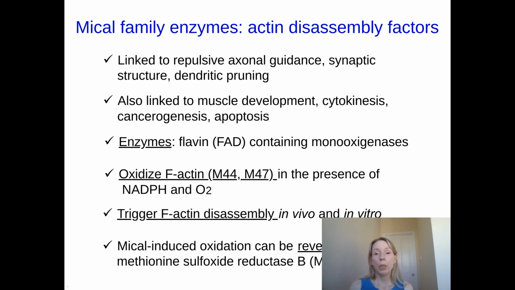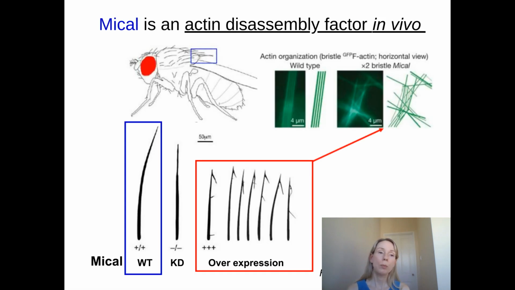So how do we know that Micals are actin disassembly factors? What is the evidence for it? Well, this beautiful work shown on this slide comes from Jonathan Terman's lab. And they have this high-resolution system to monitor actin remodeling.